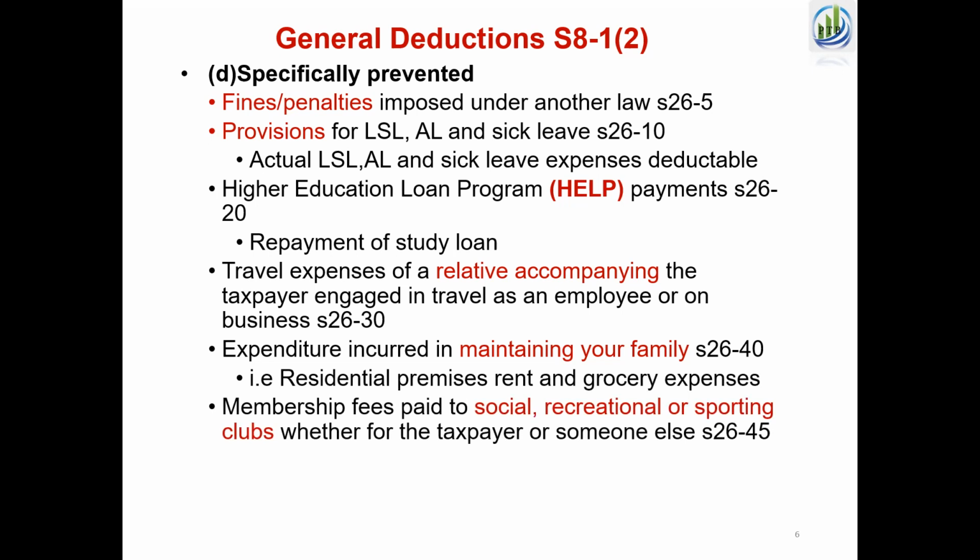For example, most communities have community-based organizations; that membership cannot be deductible. Your recreational gym membership is not deductible. Any sporting club memberships, like Adelaide Crows or Sydney Thunder, cannot be deductible from your income tax. So these are all considered non-deductible items.